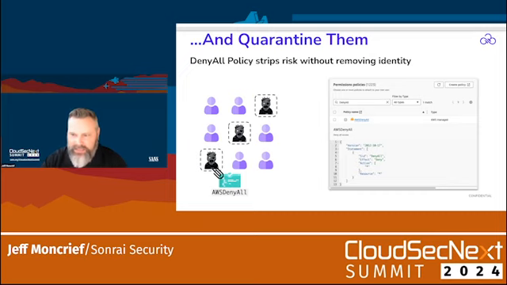So almost like an SCP or something like that, where you put in place a rule that says none of these different identities can do anything. Okay. Great in theory, right? Because you've essentially neutered all of those different identities and they can't really do anything.